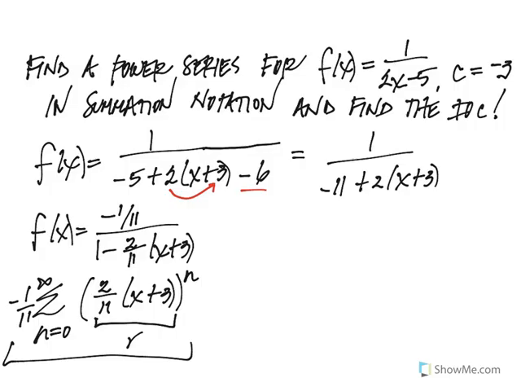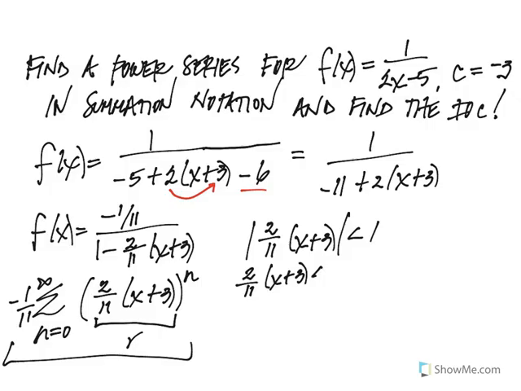So I know for a fact that my absolute value of 2/11 times x plus 3 must be less than 1. So I've got 2/11 x plus 3 less than 1, 2/11 x plus 3 greater than -1.